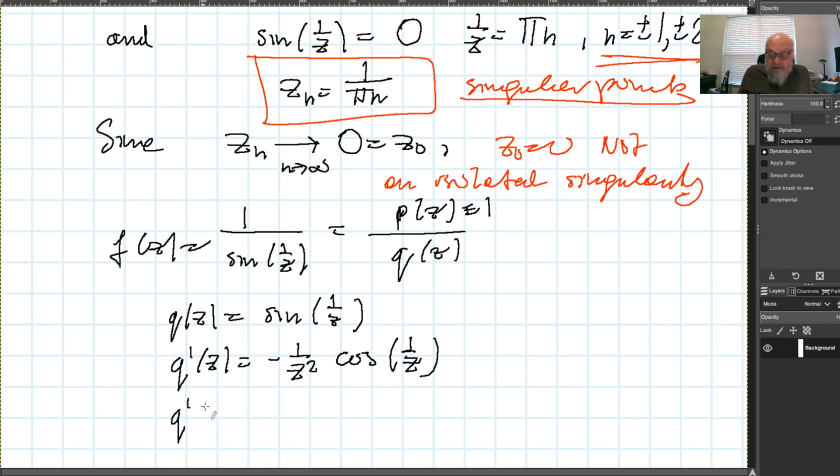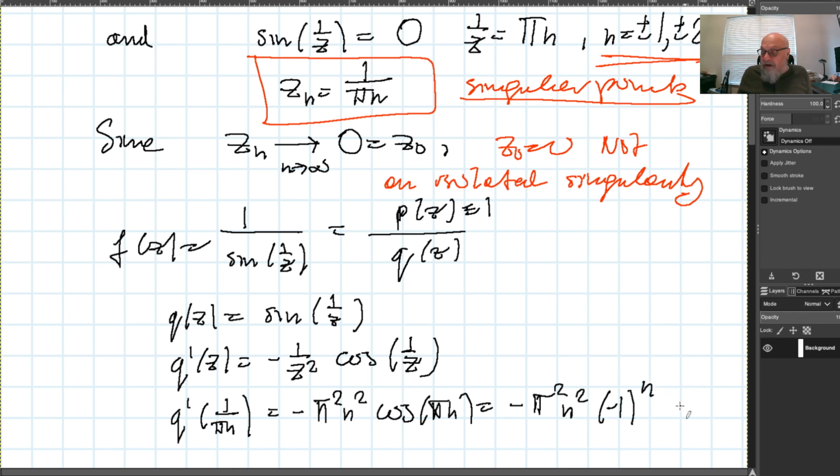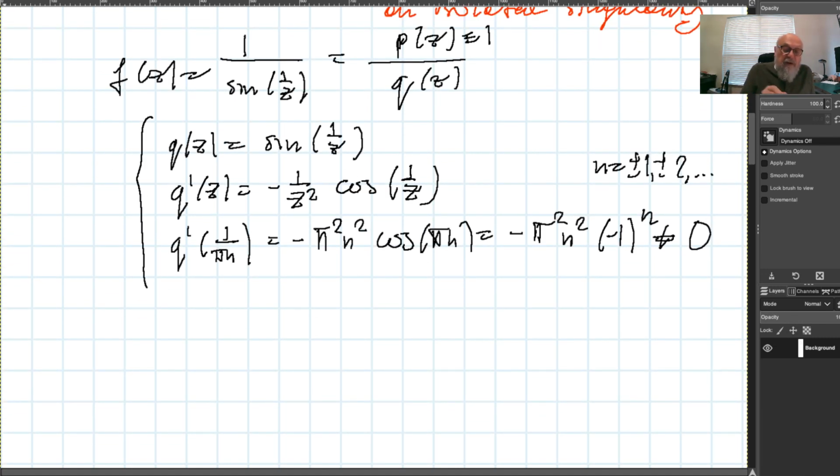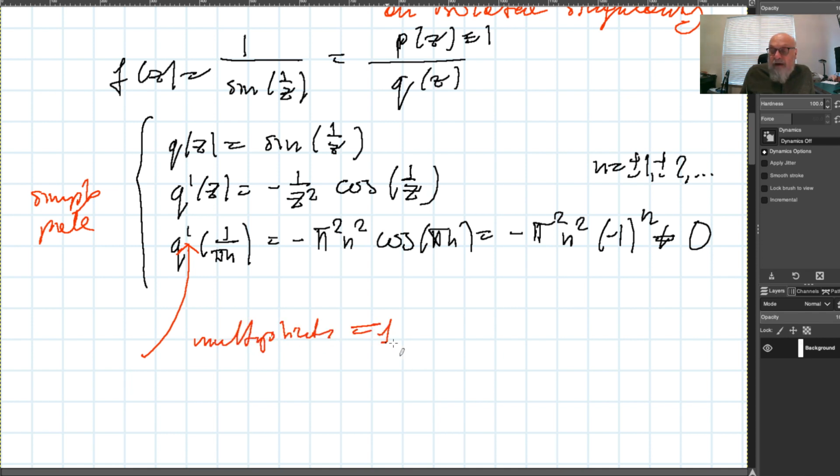Then q prime of 1 over pi n is the same as minus pi squared n squared times cosine of pi n, which gives me minus pi squared n squared times minus 1 to the power n, and clearly n is equal to plus minus 1, plus minus 2, etc. So that one is not 0, so you are getting here again, using the same argument as before, that this is a simple pole, because the multiplicity of zn is equal to 1. Zn is equal to 1 over pi n.